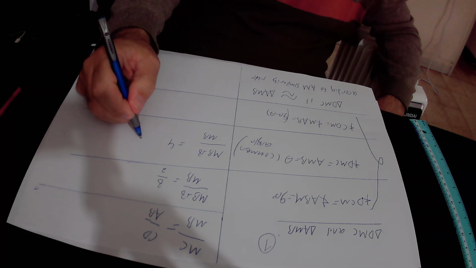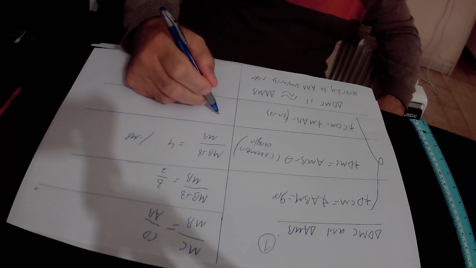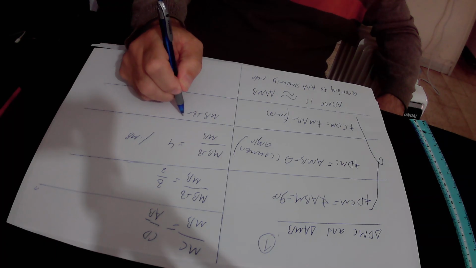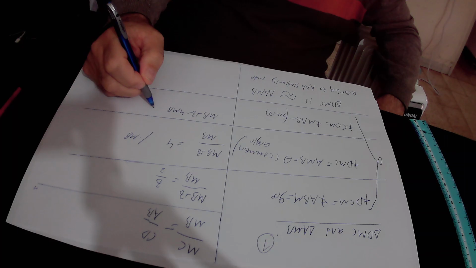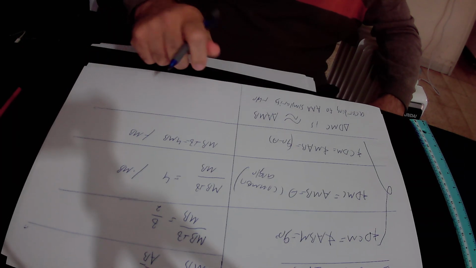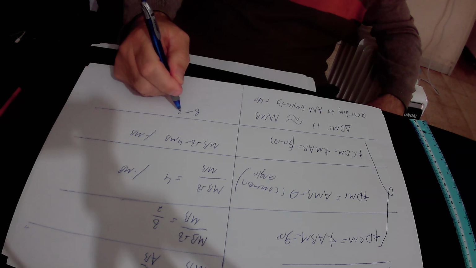We multiply this equation by MB and we get that MB plus 8 equals 4MB. We subtract MB from this equation and we get that 8 equals 4MB minus MB, which is 3MB.